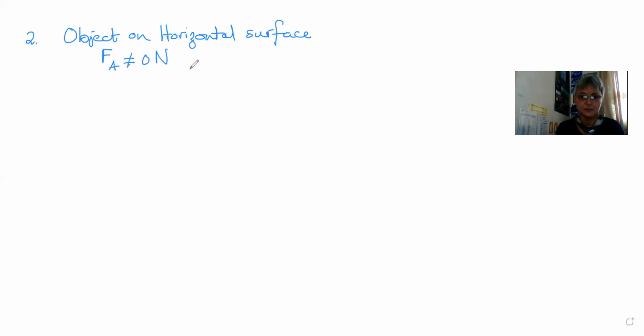So the second example is an object on a horizontal surface. There is an applied force, so the applied force is not 0. In this example, the object will still be stationary.